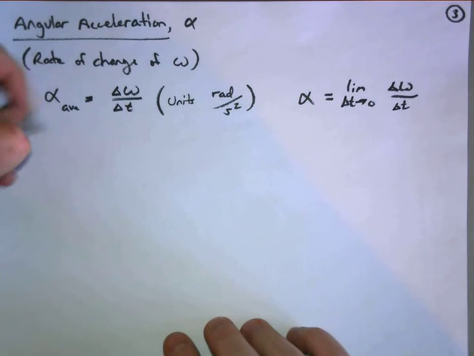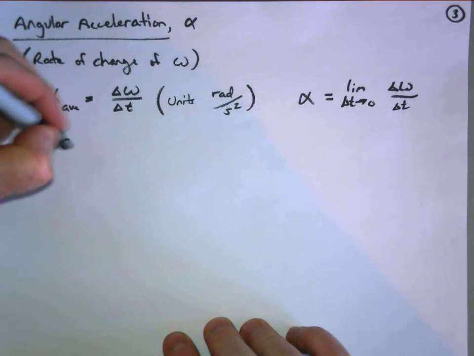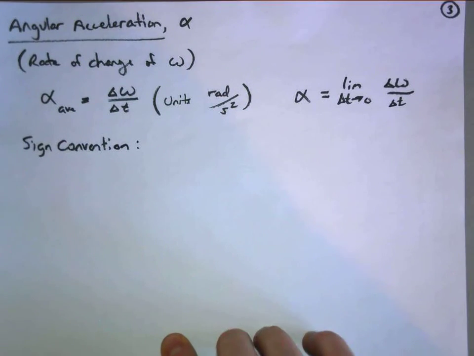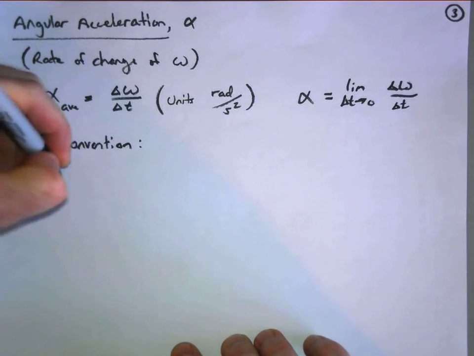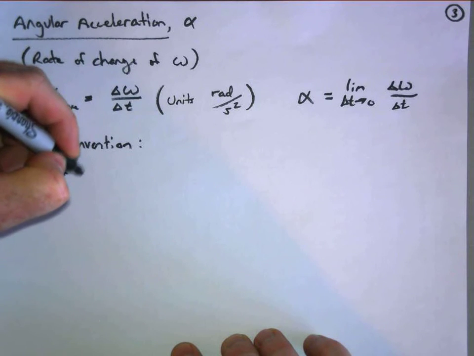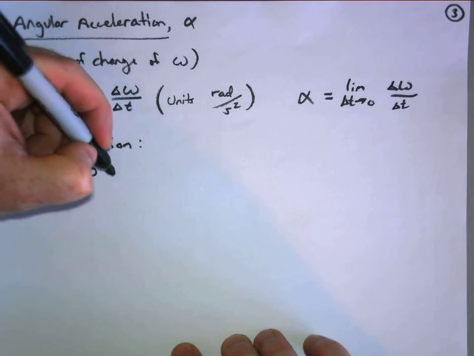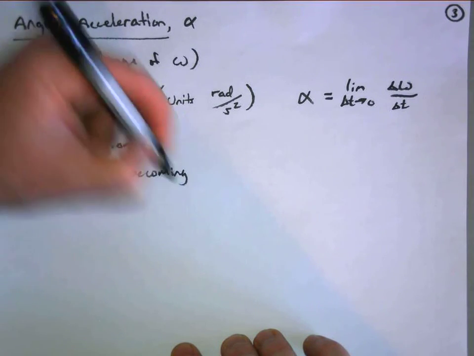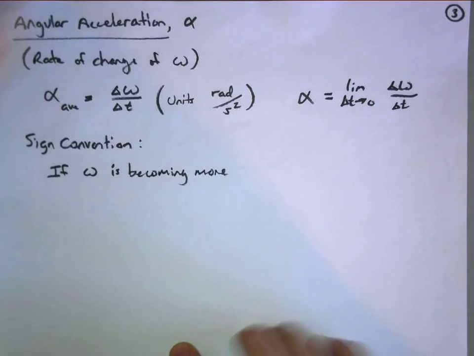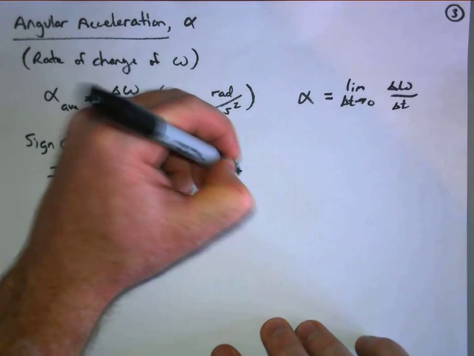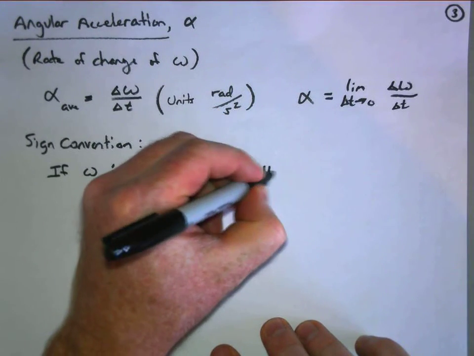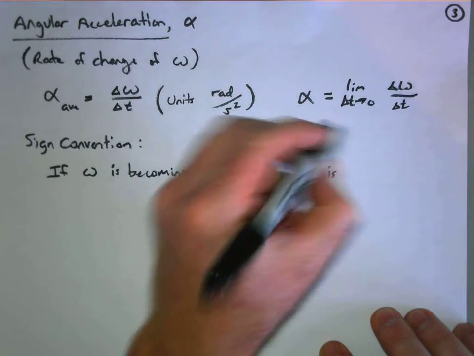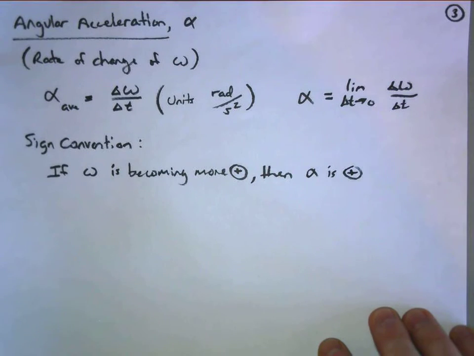Now there is a sign convention here as well. It's essentially this. If your angular velocity is becoming more positive, then your angular acceleration is positive. No big surprise there.